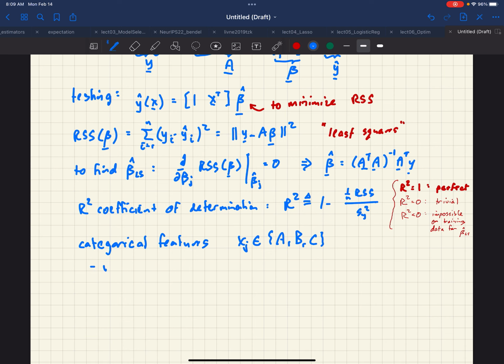And we said to use one-hot coding. And in one-hot coding, we turn x_j into a one-hot binary vector.